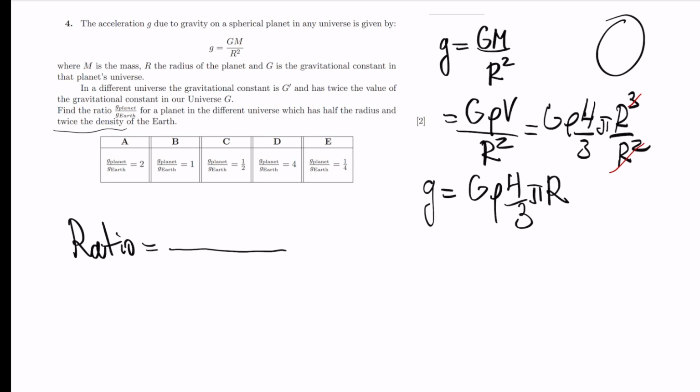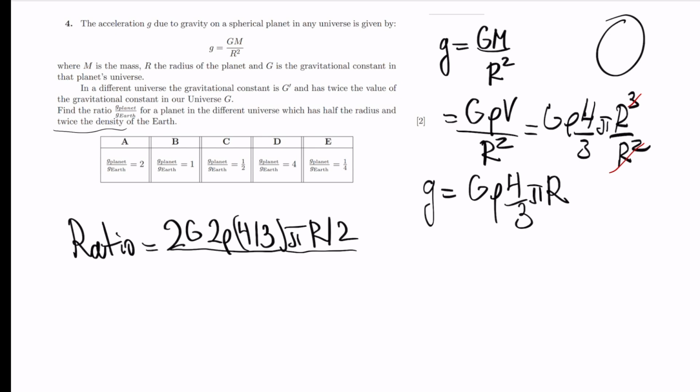The gravitational constant is twice its value, so at the top, rather than G, I'm going to write 2G. And then the density is twice the density, so I'm going to write 2 times the density. And then the radius is halved, but I'm just going to have a factor of 4/3 pi before that, and then I'm going to get a factor of r over 2.